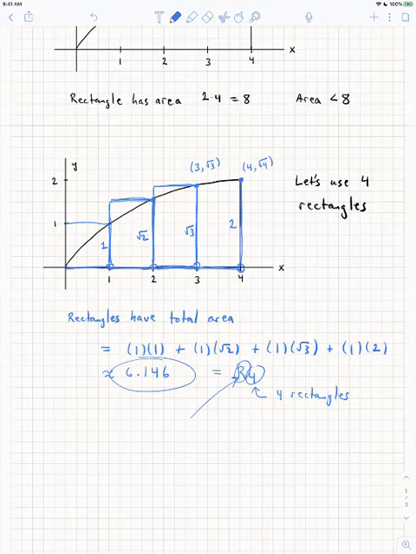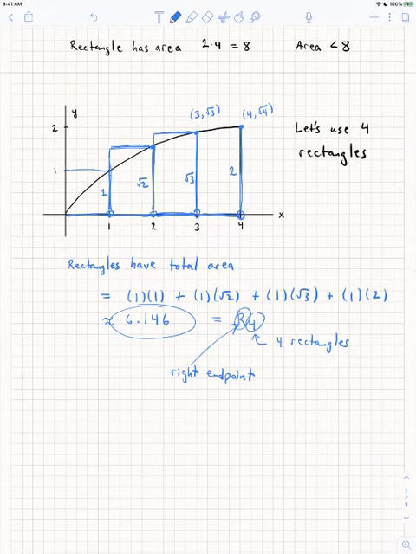This comes from the fact that I'm using the right endpoint of each interval to determine the height. So what I can see here is that the area of the rectangles is R4, which is approximately 6.146. This is what we call the right endpoint estimate, or the right endpoint approximation.